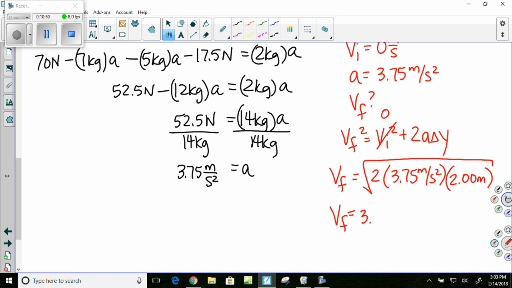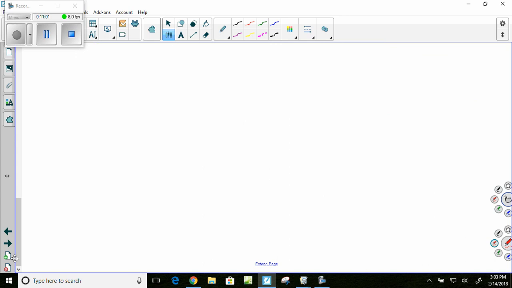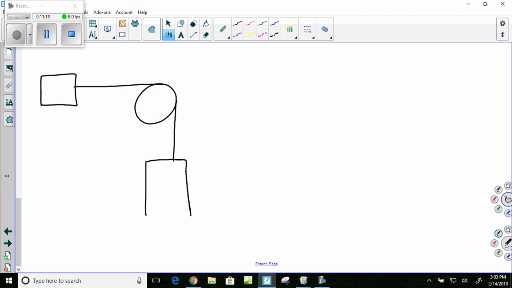Okay, so now we're going to do the same thing, but with energy. So when I look at this problem, here's what I have going on. Okay, the only energy I have to start with is the gravitational energy from mass 2.